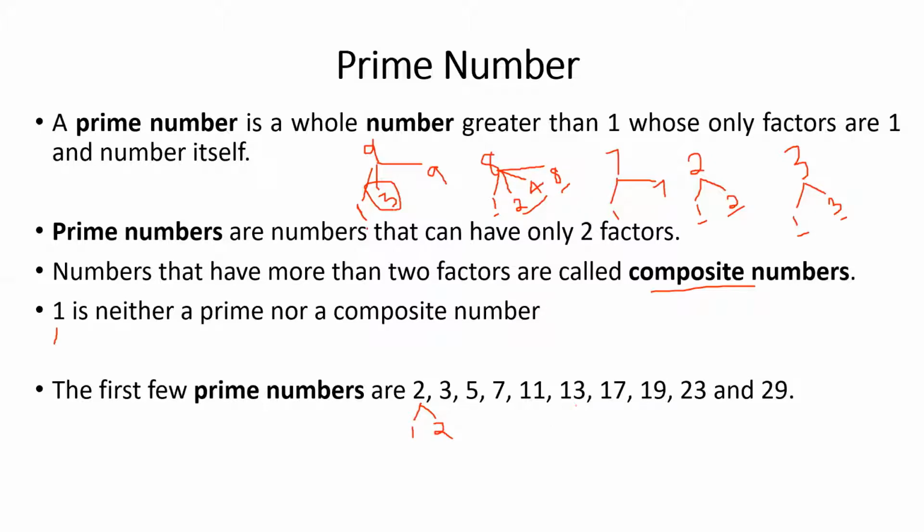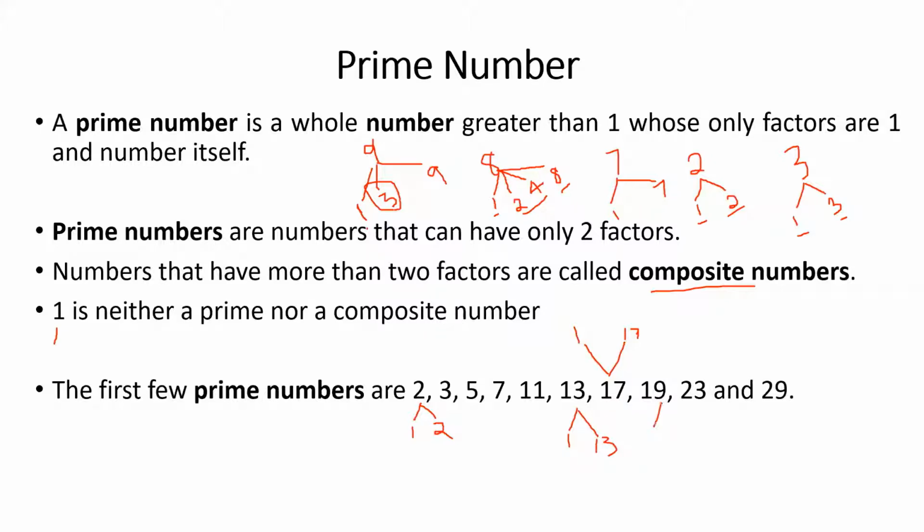If I take 13, it has only 2 factors: 1 and 13. Got it? It doesn't have any other factor. If I take 17, it also has only 2 factors, 1 and 17. Try dividing by any other number between 1 and 17, and you will not find any number that gives remainder 0.